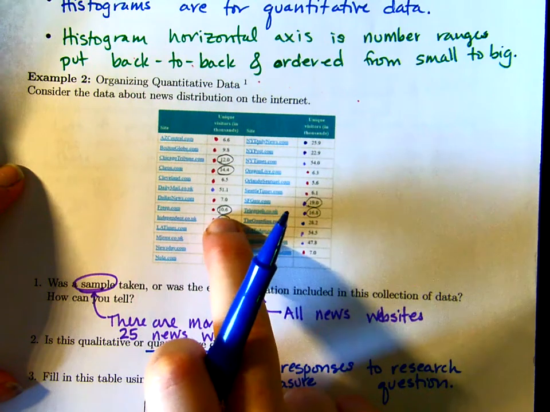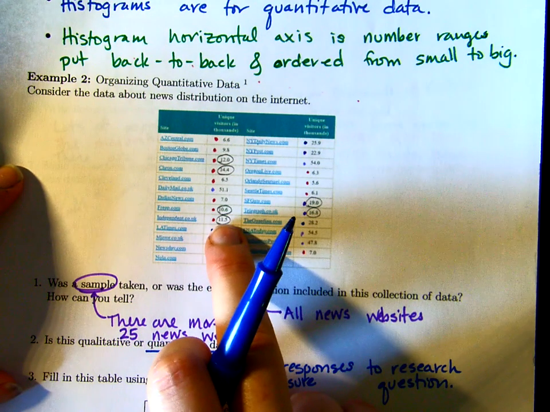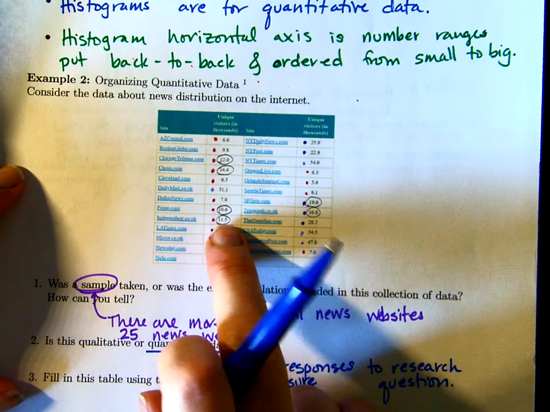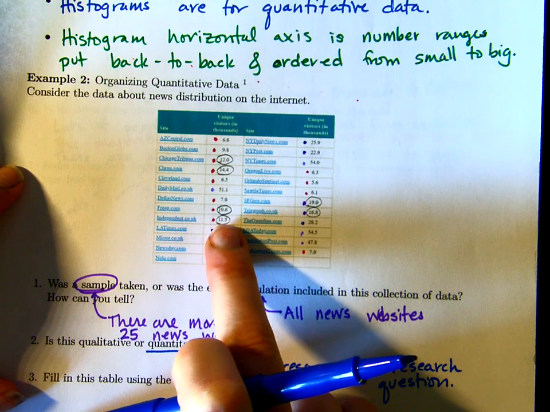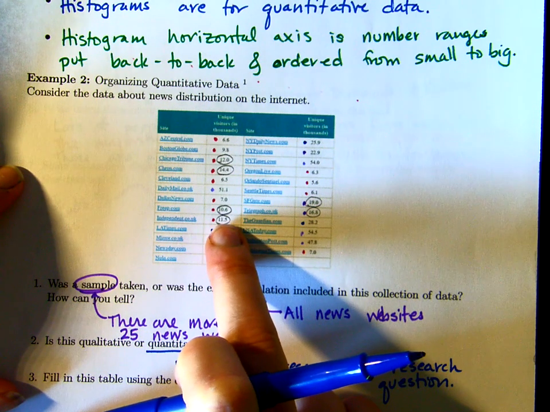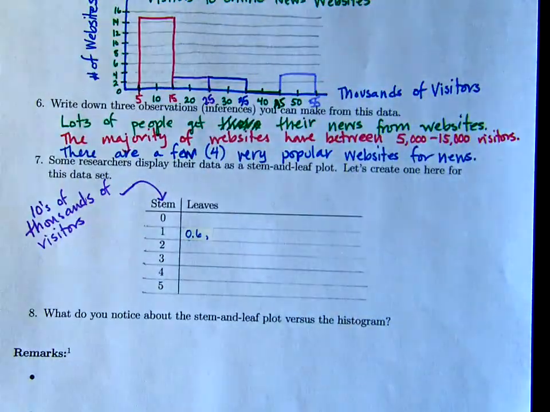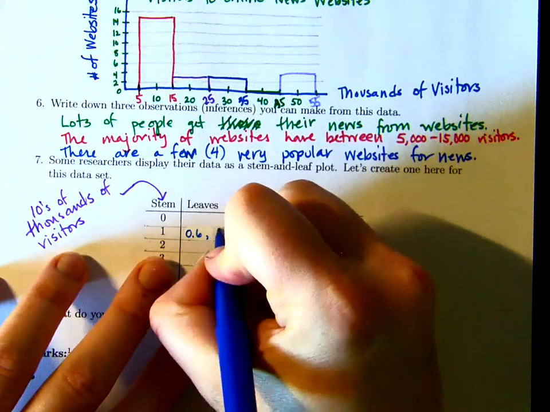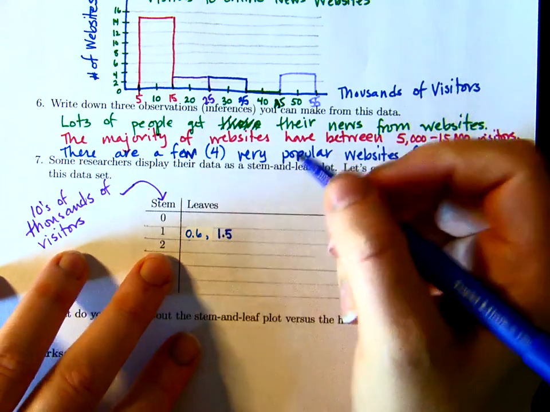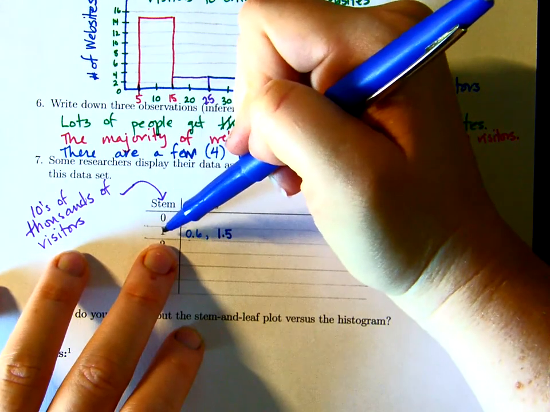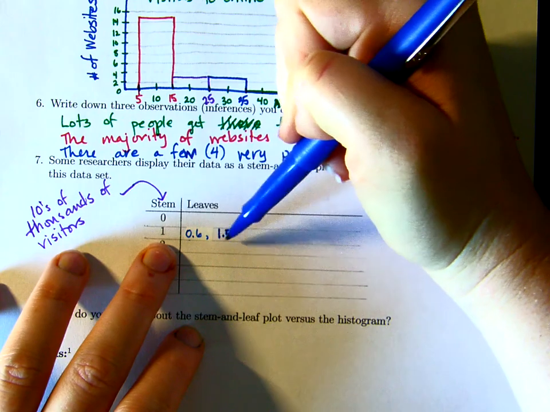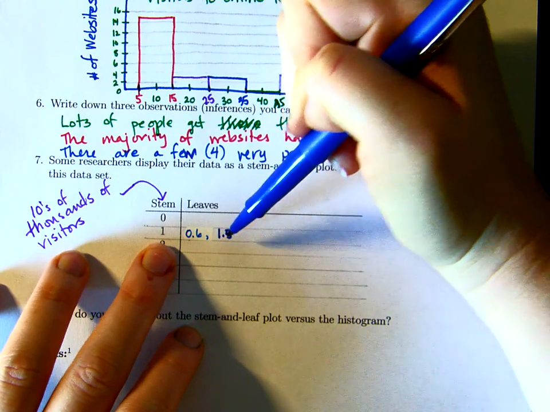Is this the next smallest? Well, this would be 11,500. So 1.5 in addition to this 10. So I'm going to put a 1.5 to represent 10,000 and then tack on 1,500.